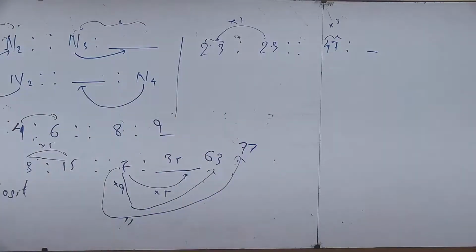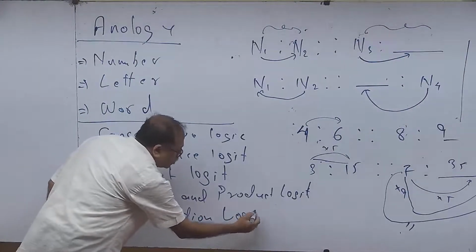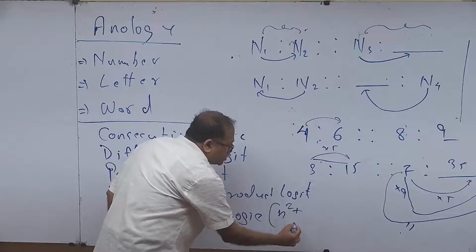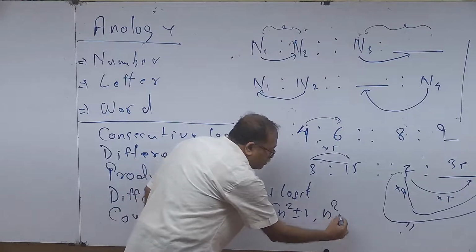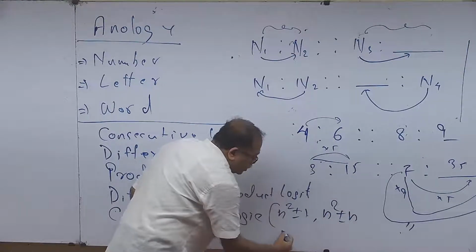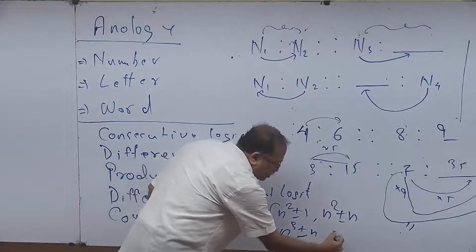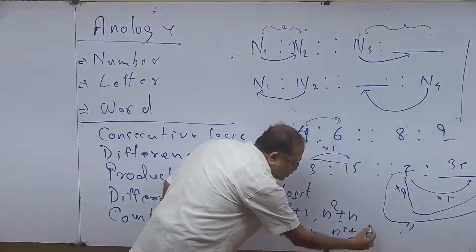And coming to the next one, that is the combination logic. Combination logic is something like n square plus or minus 1, or it could be n square plus or minus n, cube plus or minus n, cube plus or minus n square.